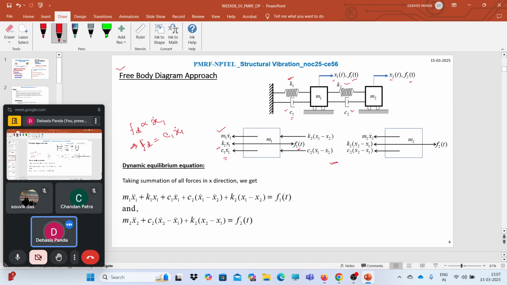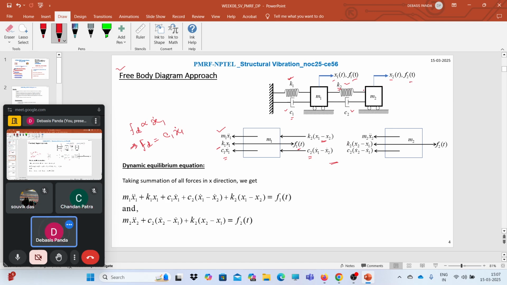Here you can see that K2 will be subjected to that relative displacement x1 and x2 due to the force F2 and that force F1. So the stiffness force will be K2 into (x1 minus x2). And similarly we will have the damping force over here, C2 into (x1 dot minus x2 dot).